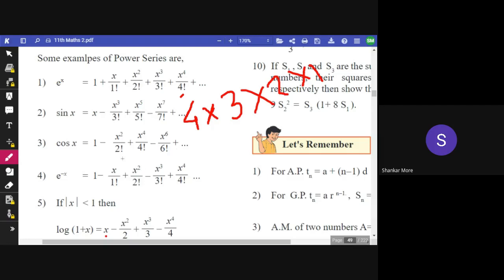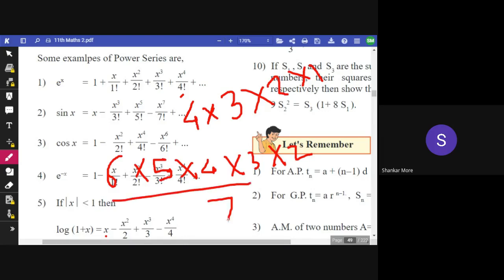Now if you want to find out the factorial of 6, what are we going to do? 6 multiplied by 5 multiplied by 4 multiplied by 3 multiplied by 2. So 6 5s are 30, 30 4s are 120, 120 3s are 360, and 360 2s are 720. So factorial of 6 is 720. You have to find it like this.